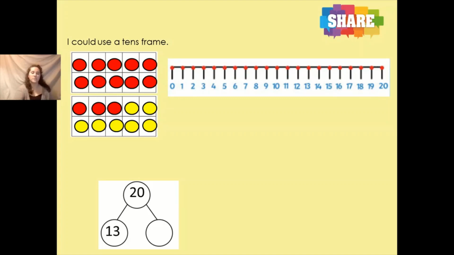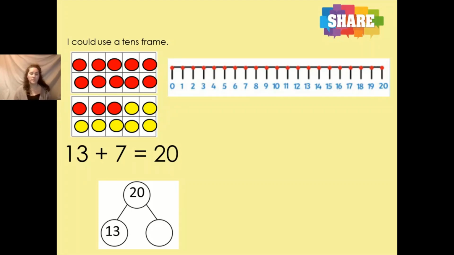Are you ready? Let's count those yellow counters. 1, 2, 3, 4, 5, 6, 7. Fantastic. So we started with 13, we put on 7 more counters, so 13 plus 7 must make 20.